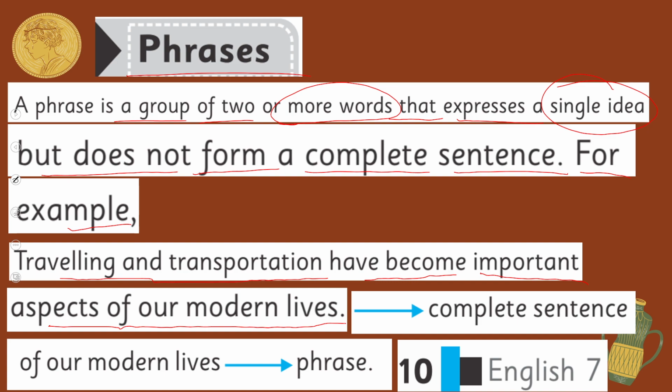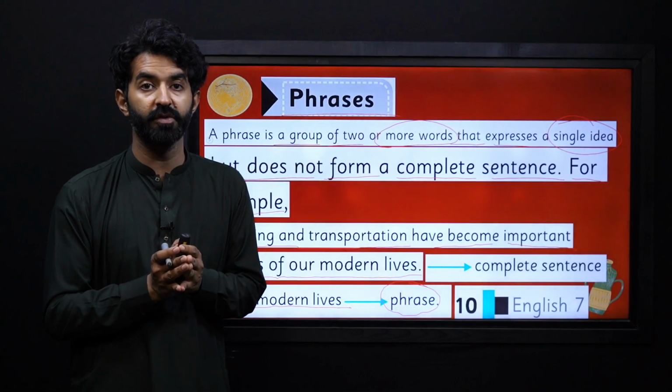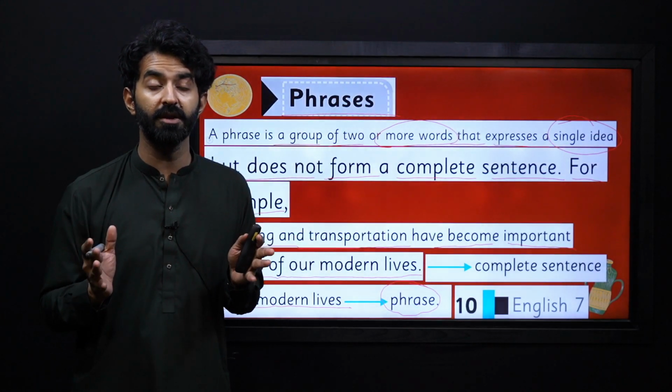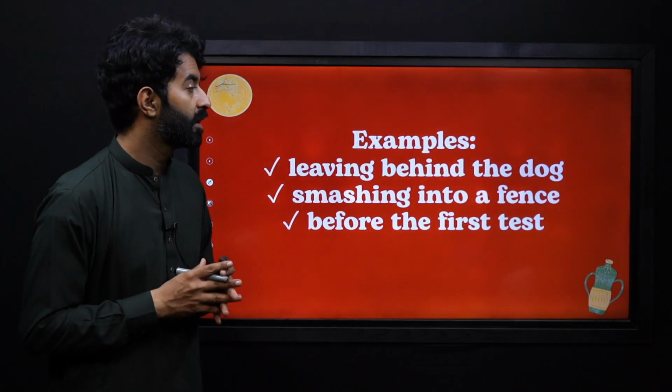This is a complete sentence and it is making sense. For the example of a phrase, you can look at of our modern lives. This chunk of the sentence is called a phrase because it does not make complete sense.